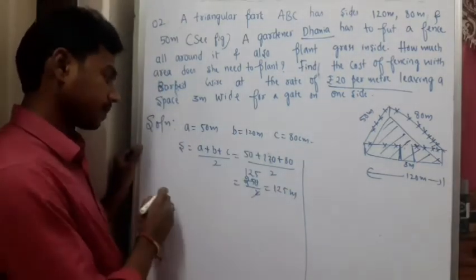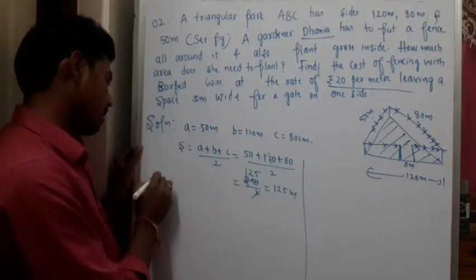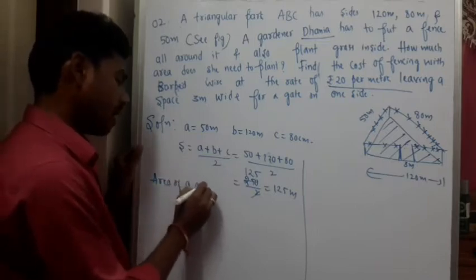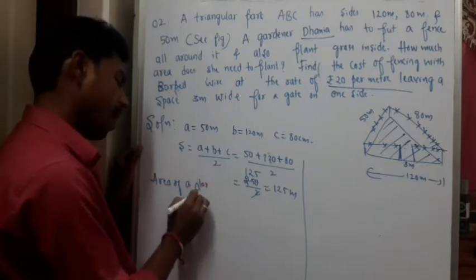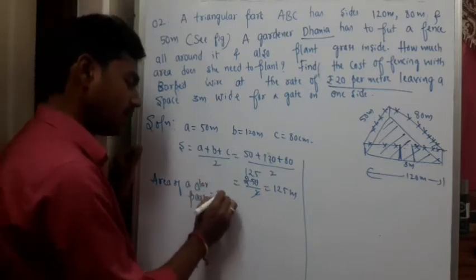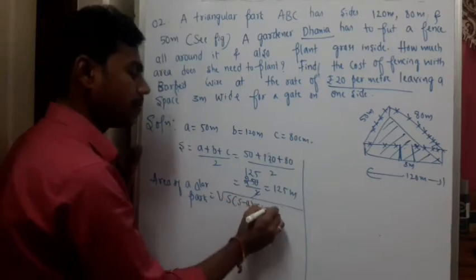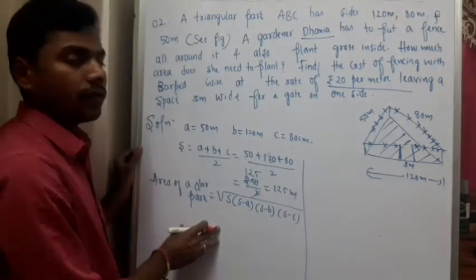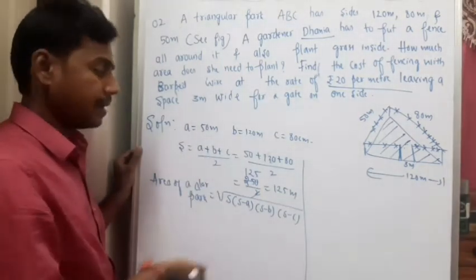Next, I'll directly calculate the area of the triangular park, which is equal to square root of S into S minus A, S minus B, S minus C. We are calculating the area that Dania has to plant.